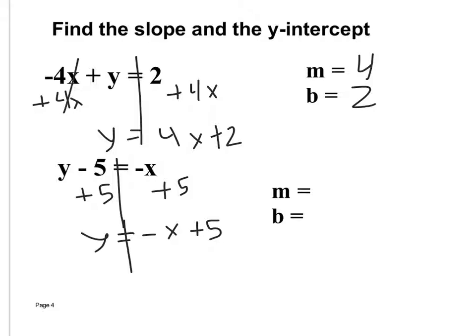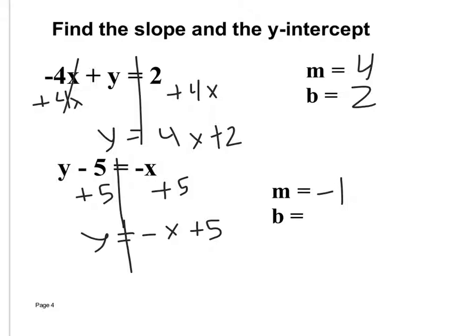What is it? Do you remember? It's 1. Right? But is this one 1? No. Because this is negative x. So what would my m be? Negative 1. Kind of a trick question there.